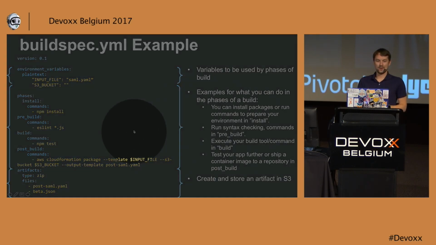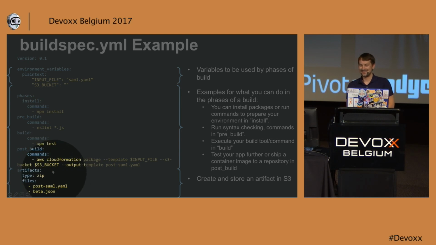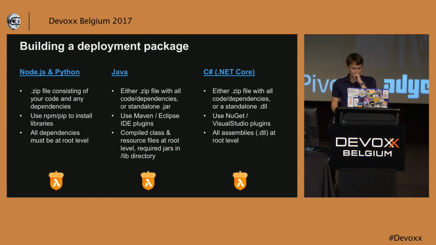So let's say we start with installing some prerequisites, then let's lint everything, let's build and test stuff, and then let's package everything up into some sort of artifact, which is this post-build file, and deploy it. And that's all we need to do to start deploying things with CodeBuild.